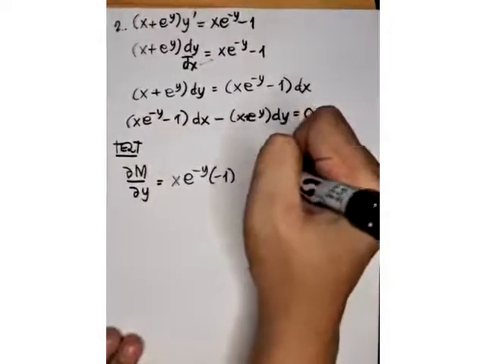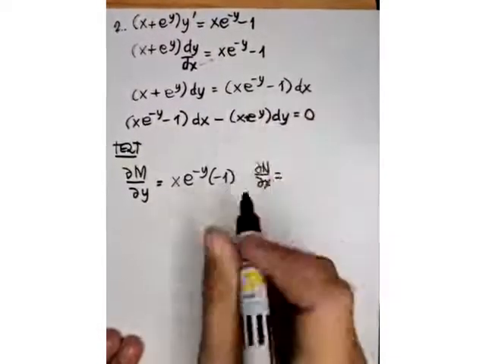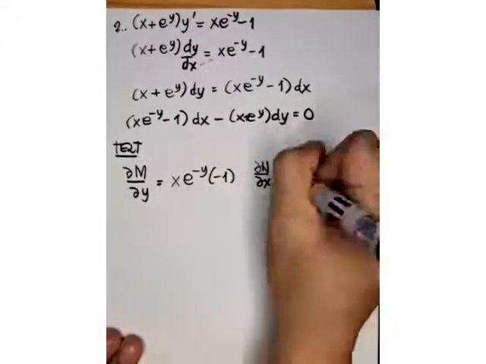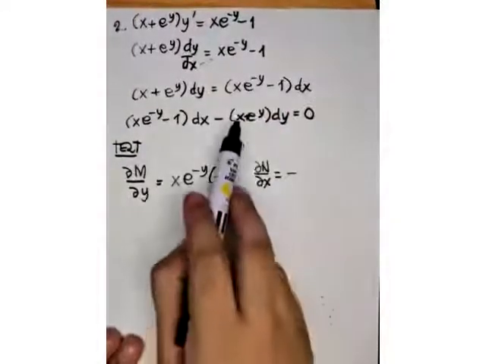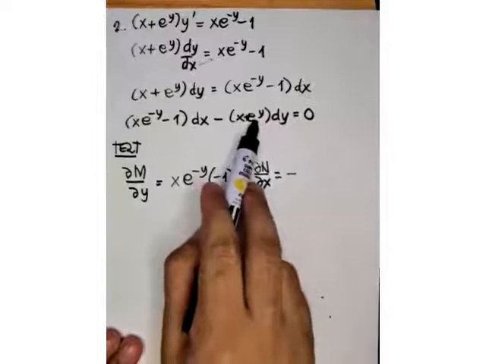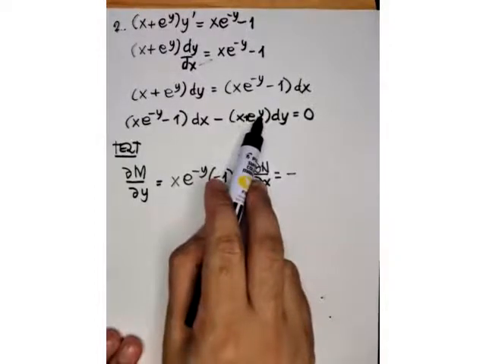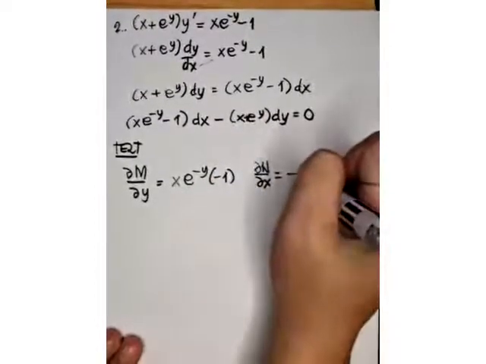Next, the partial derivative of N with respect to x. So that's equal to negative, in terms of x. So e raised to y will be 0. So that's equal to 1.